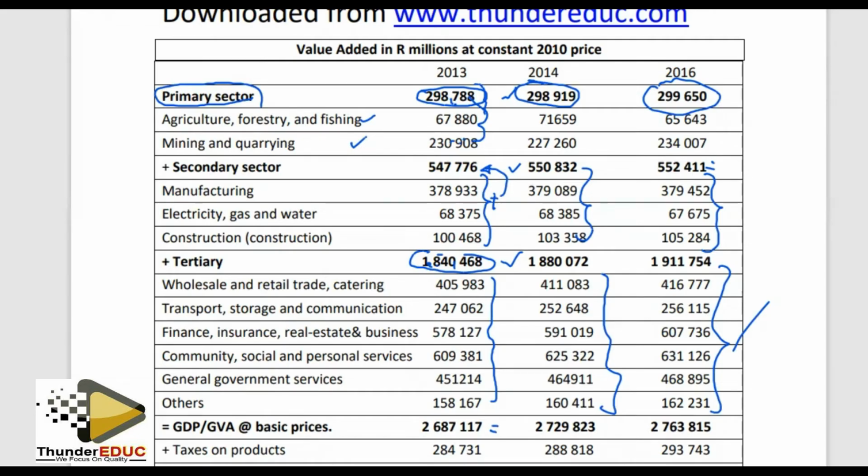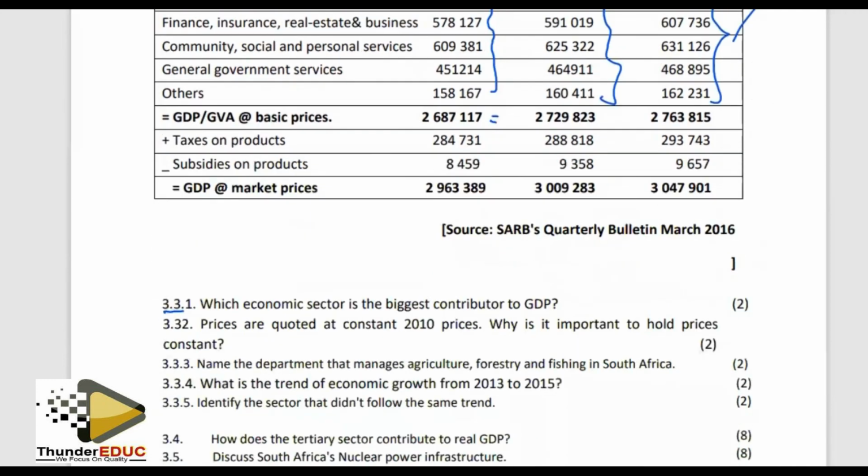It is very big every year. This one is in hundreds, this one is in millions. So the biggest contributor to GDP is the tertiary sector.